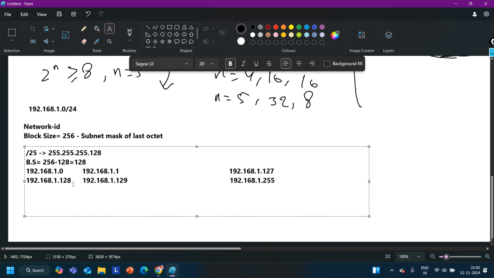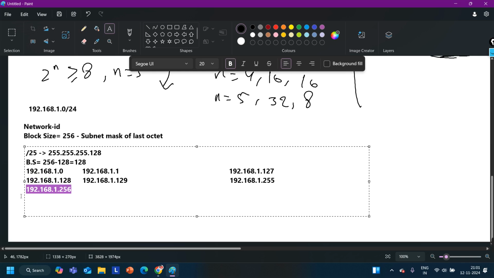You can also find the second network by adding the block size in the octet where the last subnet mask is present. If I add the block size here, what value will I get? 192.168.1.256, yes or no? 128 plus 128, is it valid? No. But with the help of the second network, we can identify which IP address this network ends on. If the next network starts from here, that means this network ends on 255.